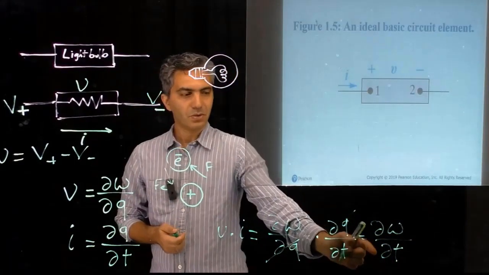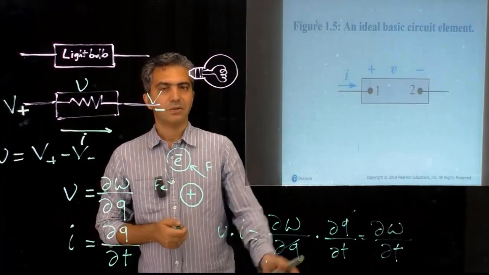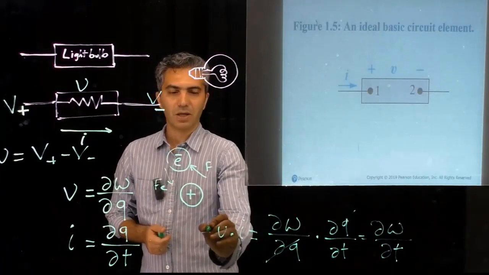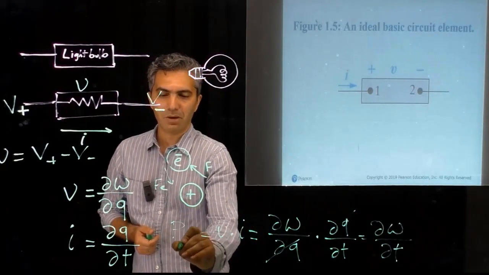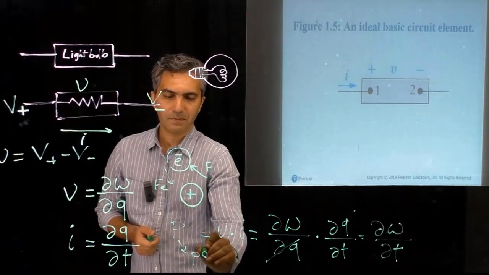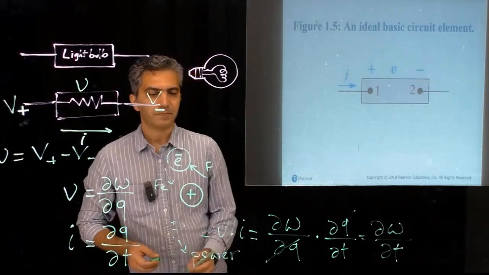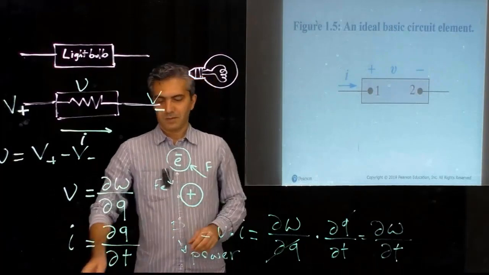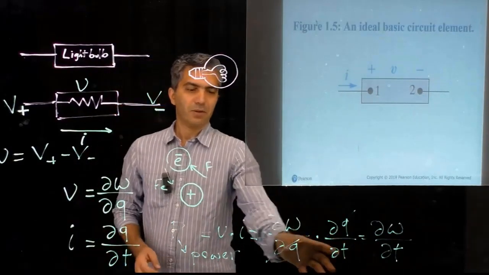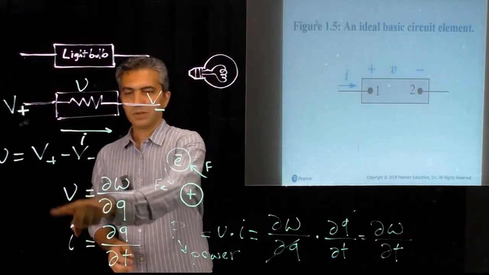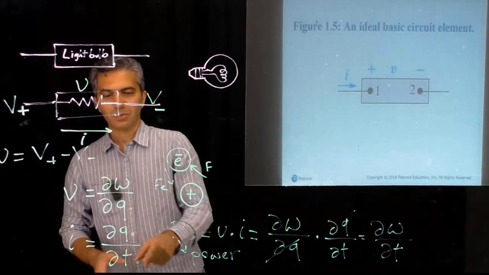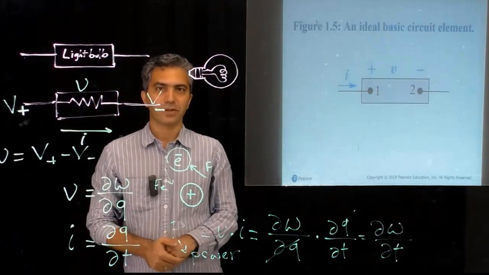And that definition should be actually familiar to you. Derivative of energy with respect to time is power. So that's a really good motivation for these two definitions to be of fundamental importance for us.